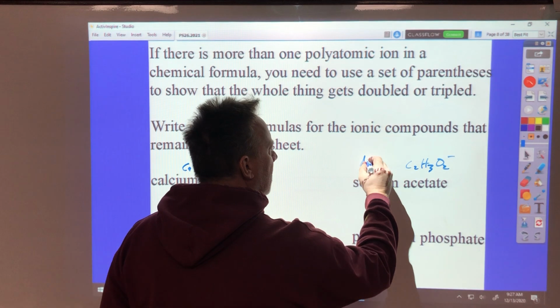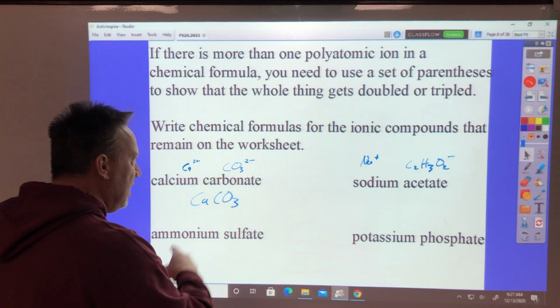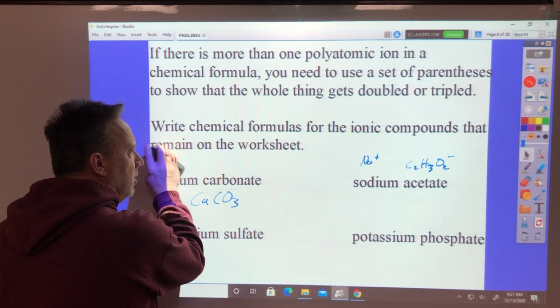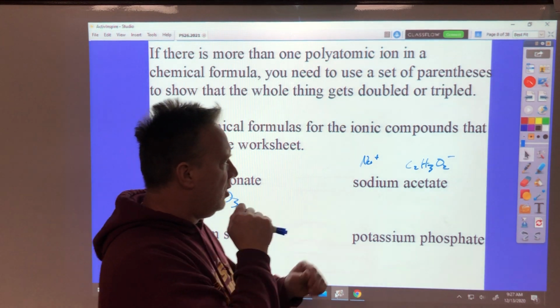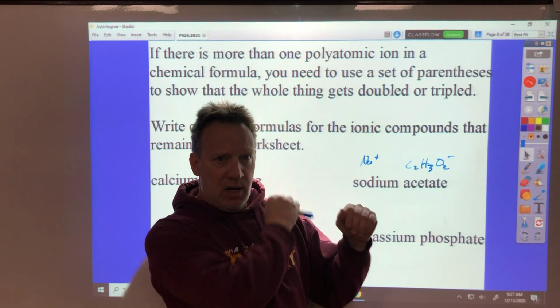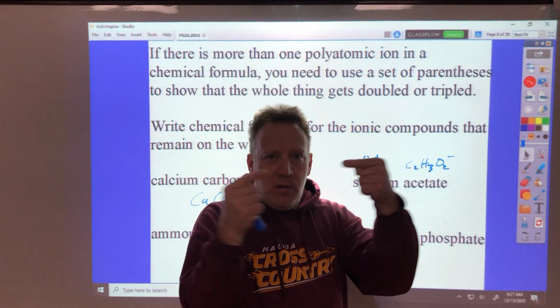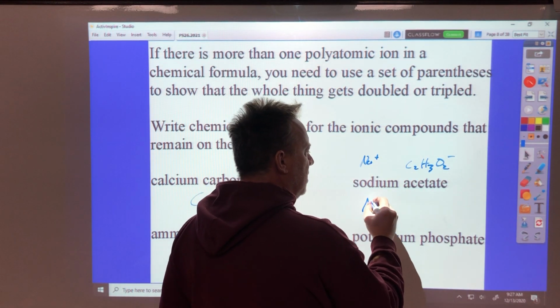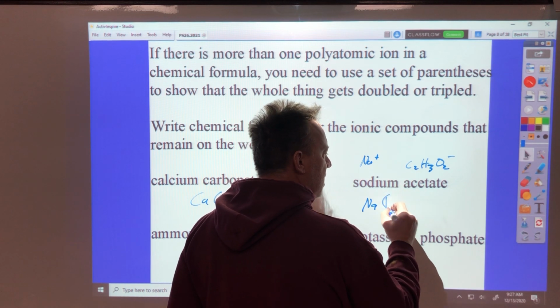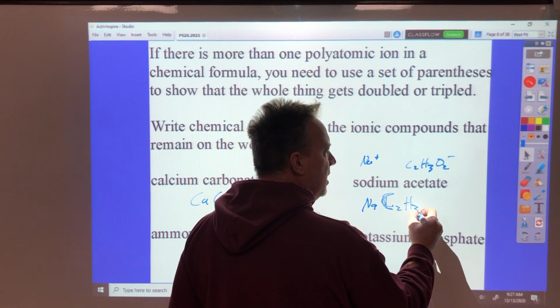So it's Na positive. Now you don't leave this stuff in your answer. Here's your answer. But to figure it out, you might want to write them down and then scratch them out. Sodium gives 1, acetate took 1. This is a match. So it's just NaC2H3O2.